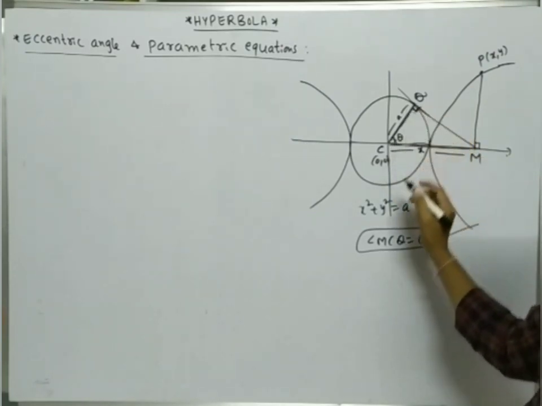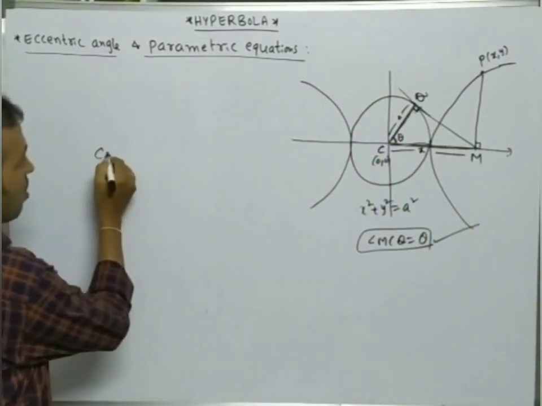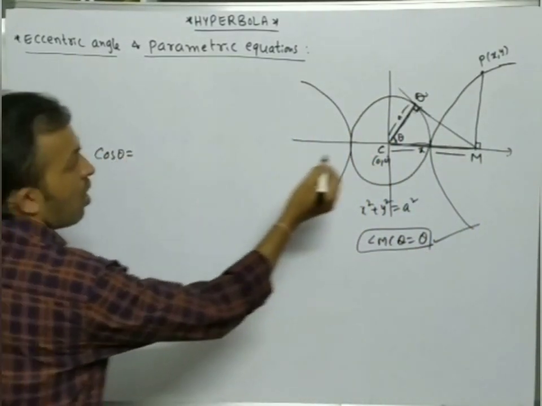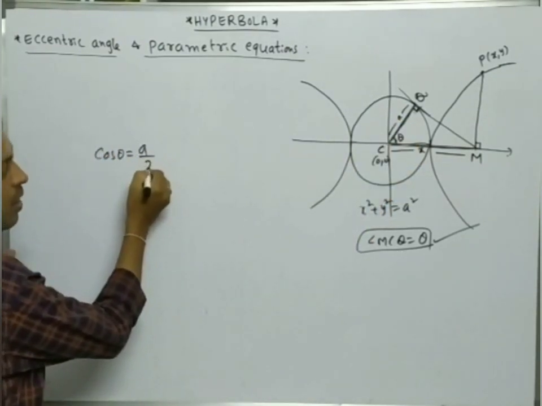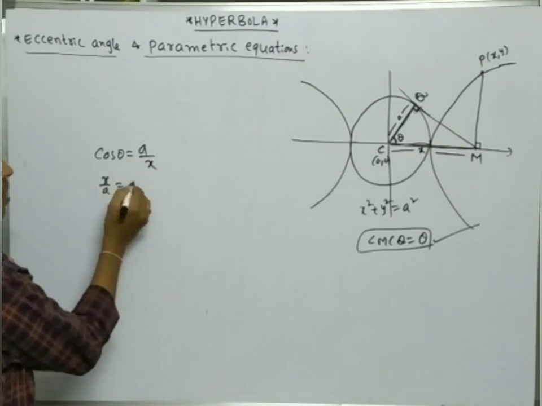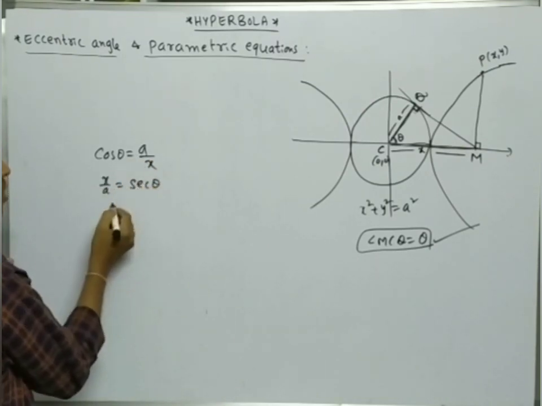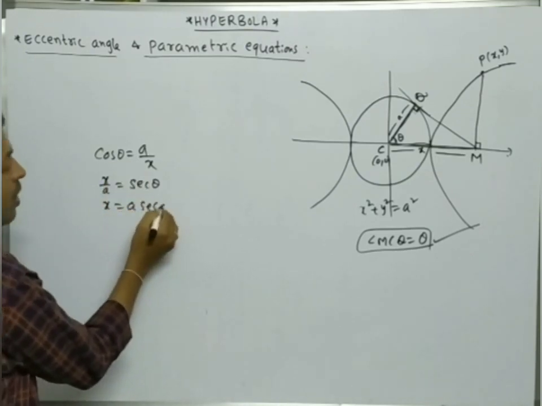From this right angle triangle, what is cos theta? Cos theta is equal to the adjacent side, that is a by x. From this, x by a is equal to sec theta, so x is equal to a sec theta.